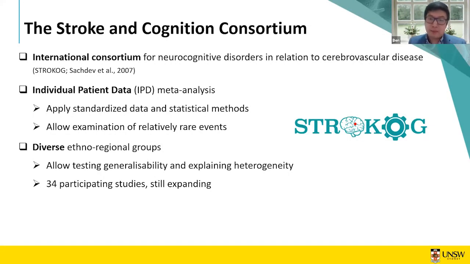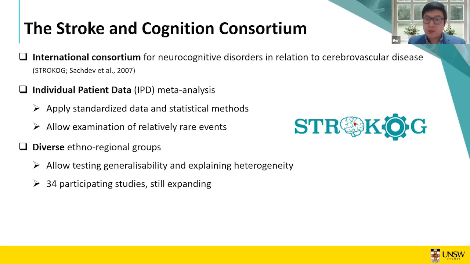To understand these risk factors for PSD, we analyzed the individual patient data so that we can apply standardized data and statistical methods, like classification of depressed individuals, as well as control for the same set of covariates across studies.